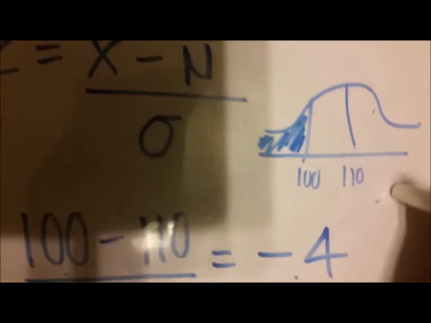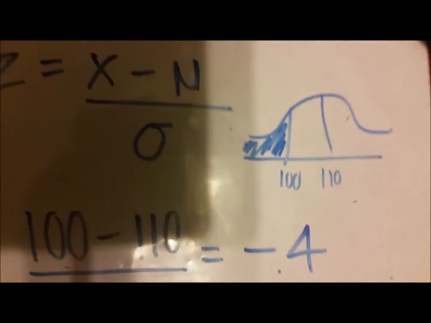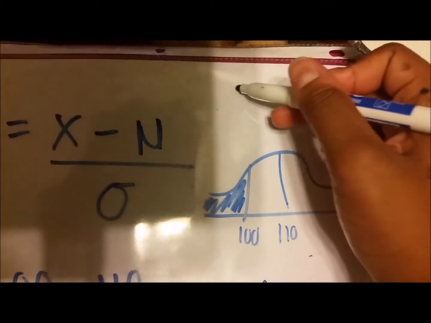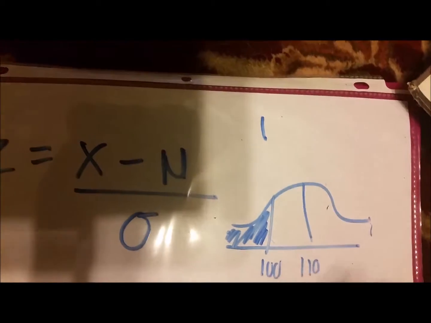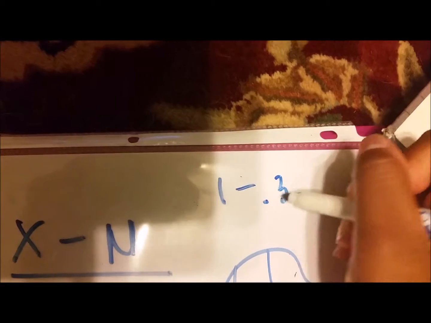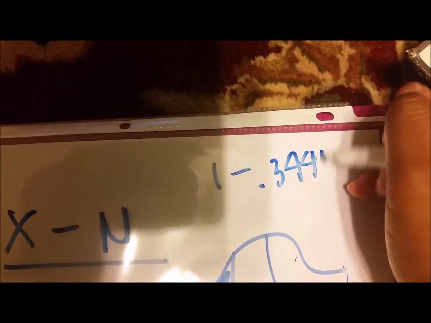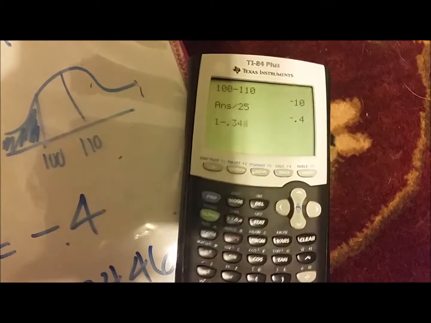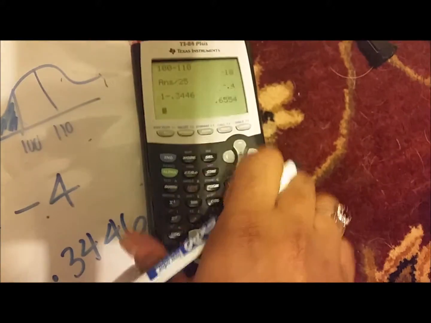But what we're trying to find is above 100. So in order to find that, we'll take the area, which is 1, and subtract it from the 0.3446. So 1 minus 0.3446 equals, calculator, 1 minus 0.3446 equals 0.6554.